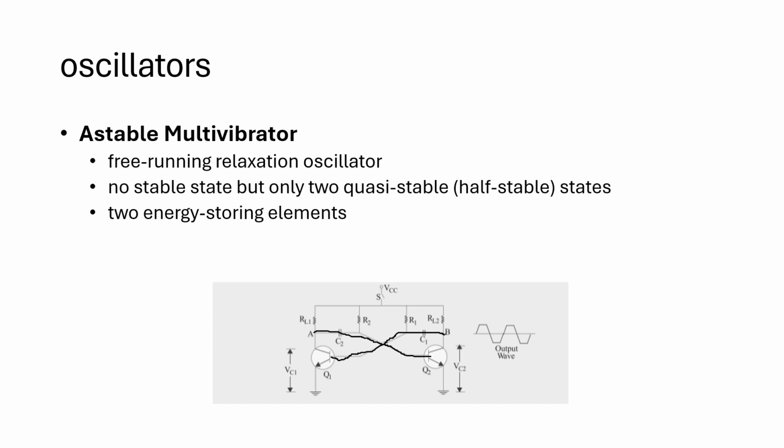So the connection for Q1 is your VCC via your R1, while your Q2 is being forward biased by VCC and R2. Okay, so how does this operate? When your Q1 is on, your Q2 is off, and vice versa.